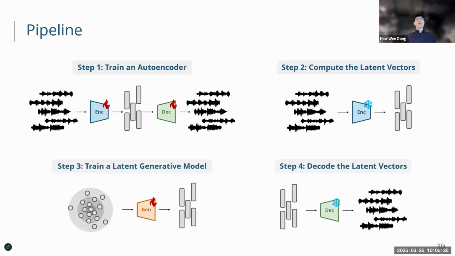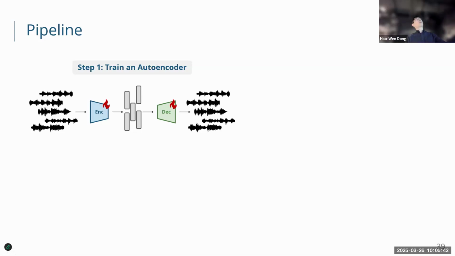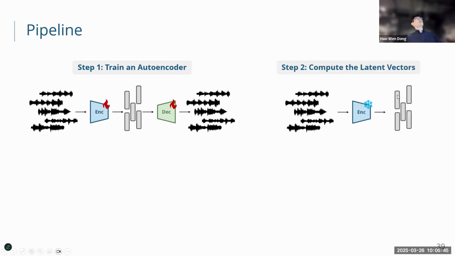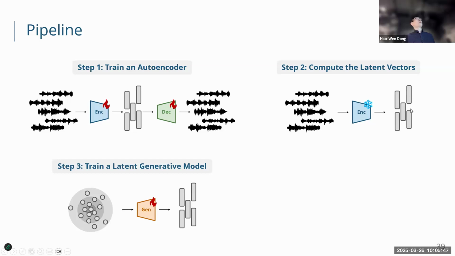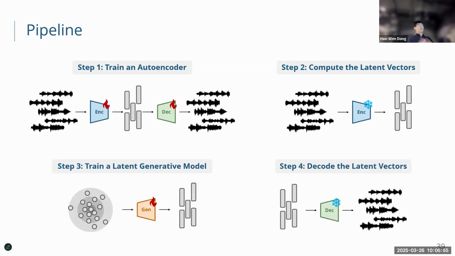So the whole idea is just four steps: train an autoencoder, then grab a bunch of files and compute what they are in the latent space. Those are vectors or matrices, and you train a latent generative model to generate those latent vectors and matrices. Then at the end, once you generate those, you turn them back to waveform so that you can listen to it.